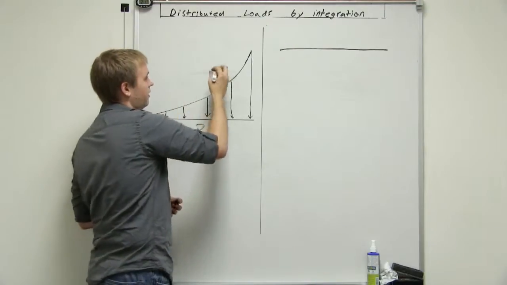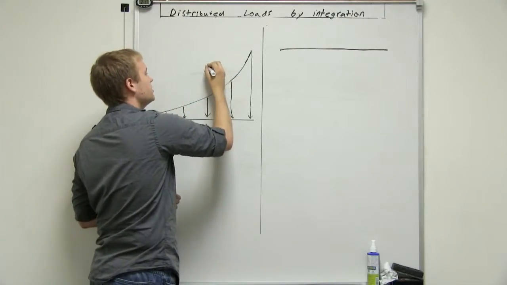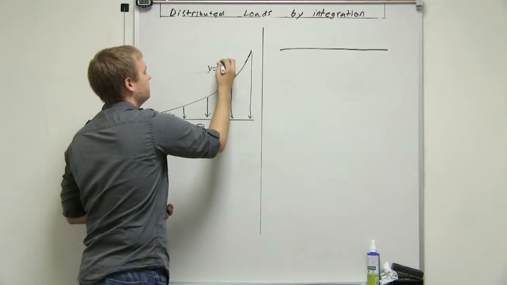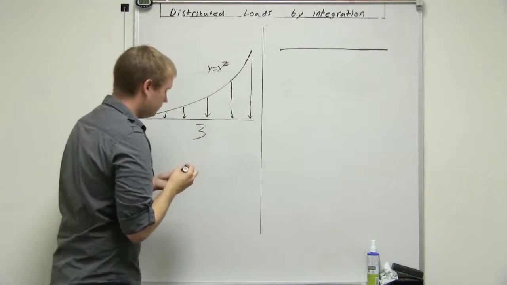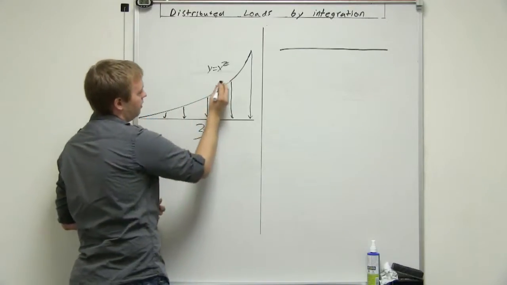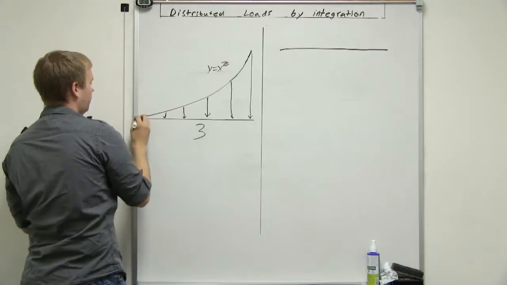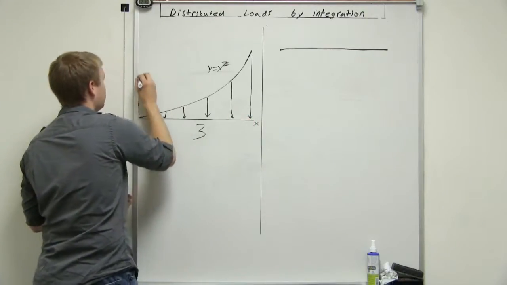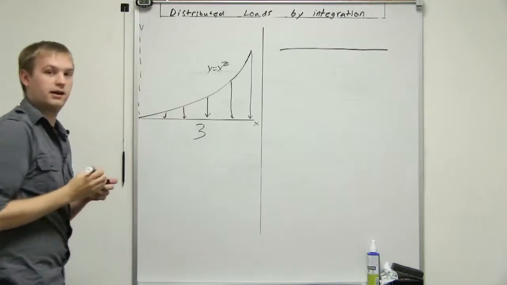So we're going to say the equation for this is y equals x squared. Okay, so that equation describes this line right here, given that this is our x-axis and we have a y-axis right here.